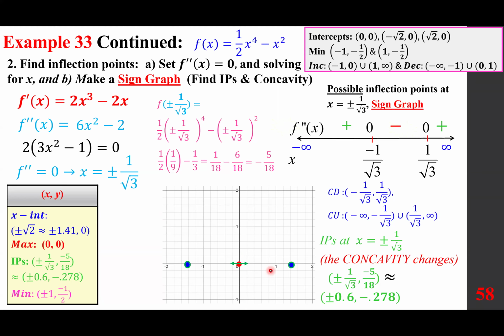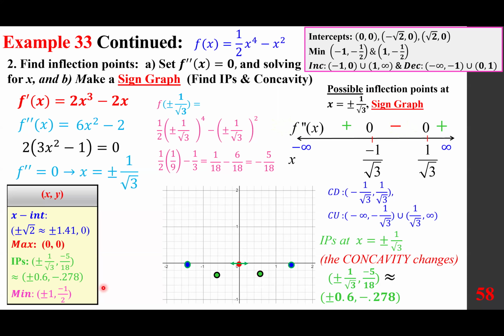Then we go with the IP, negative 0.6, let's say negative 0.3, so here and here. Positive 0.6, somewhere here and here.